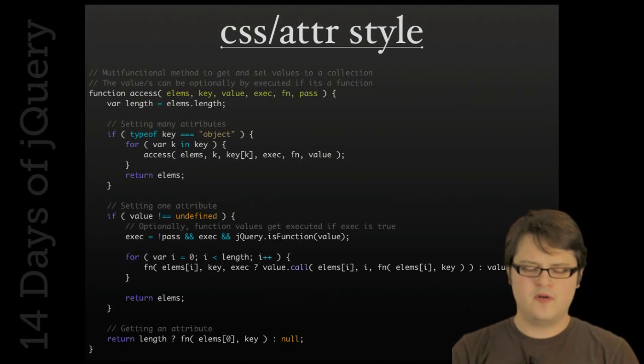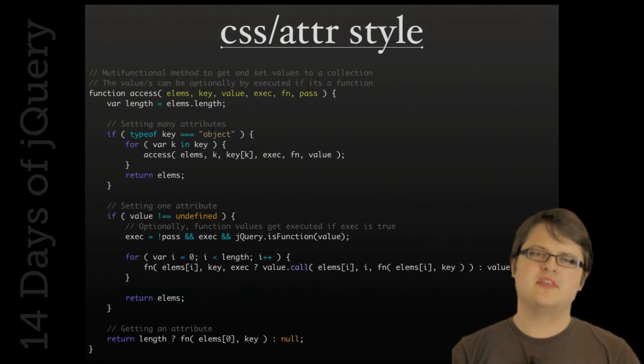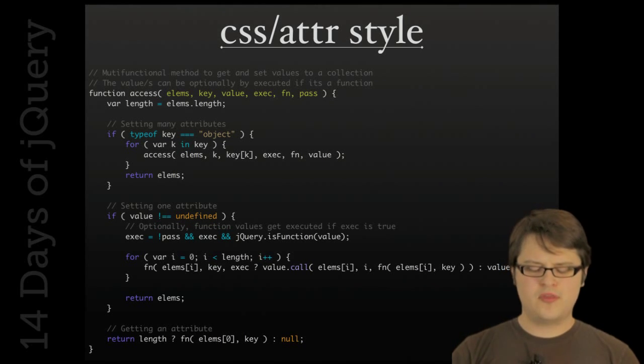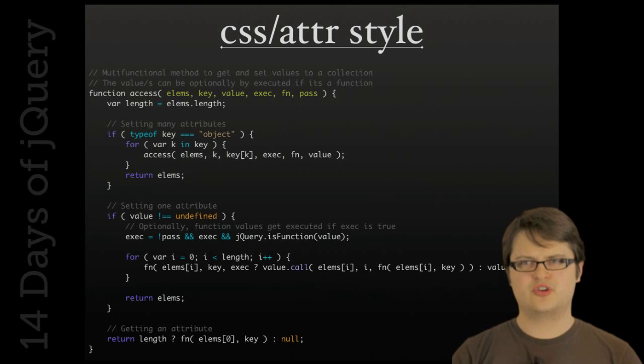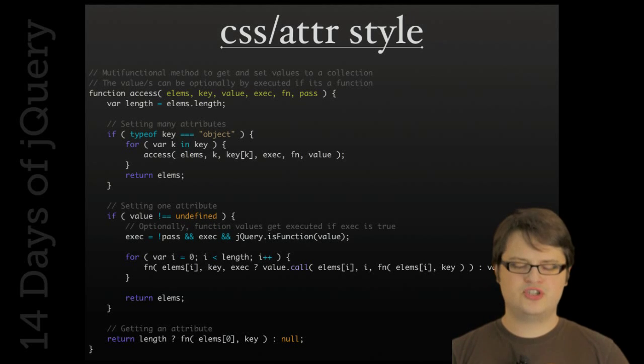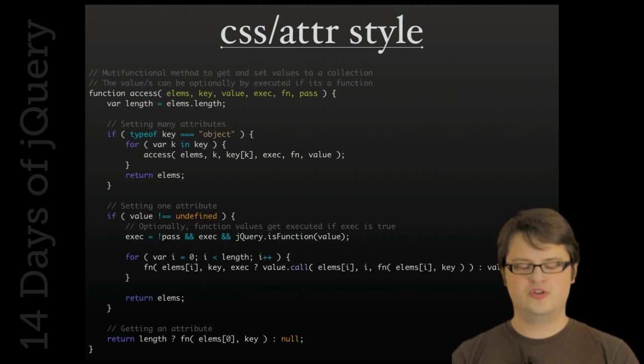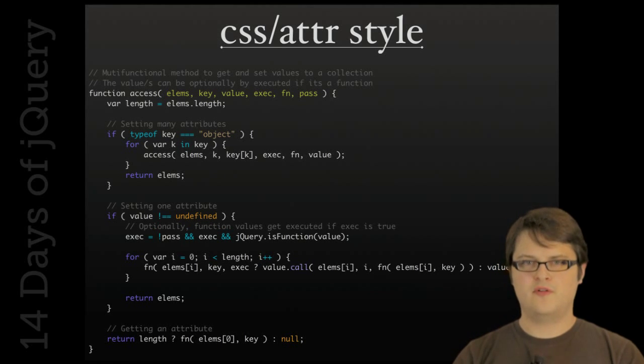Then we have a method internally called access that we are using in the CSS and attribute methods. One thing that we found when optimizing those two code areas is that they had the exact same style of signature: they could both take a name and return a value, or they could take a name and a value to set it, or they could take an object of names and values.